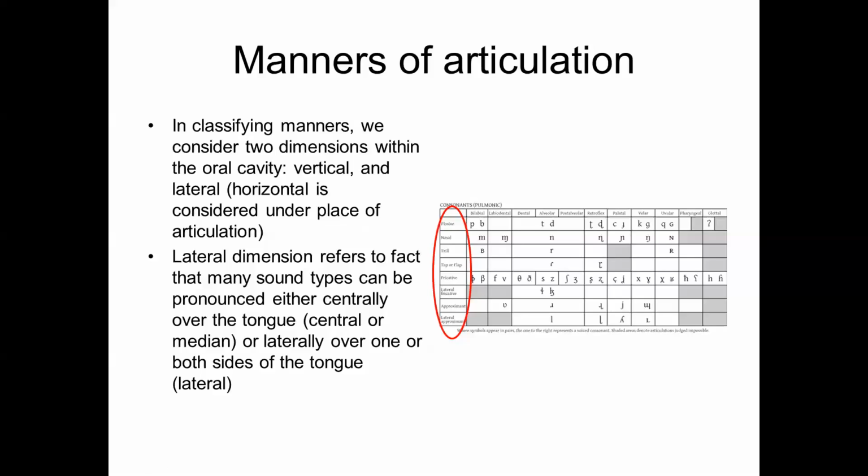And as we talked about, most sounds are produced over the center of the tongue, but some of them are lateral. So there are those two main dimensions, and everything not marked as lateral is central, right over the midline of the tongue, but there are these two lateral ones where they differ slightly.